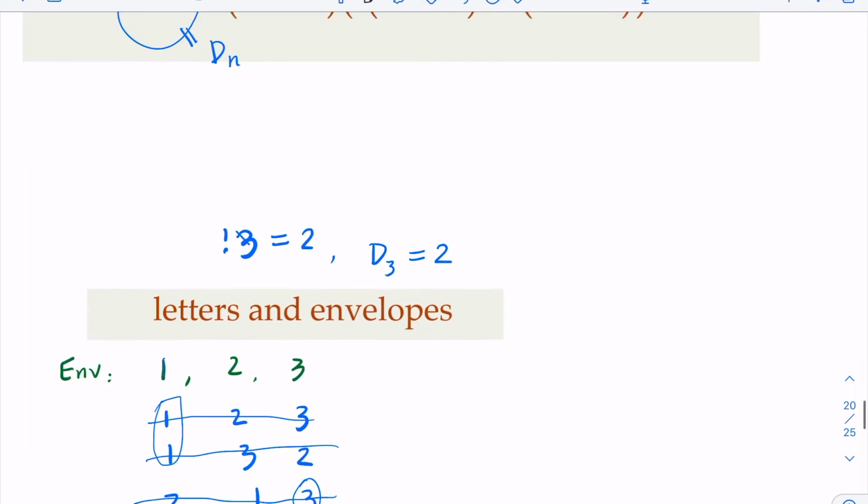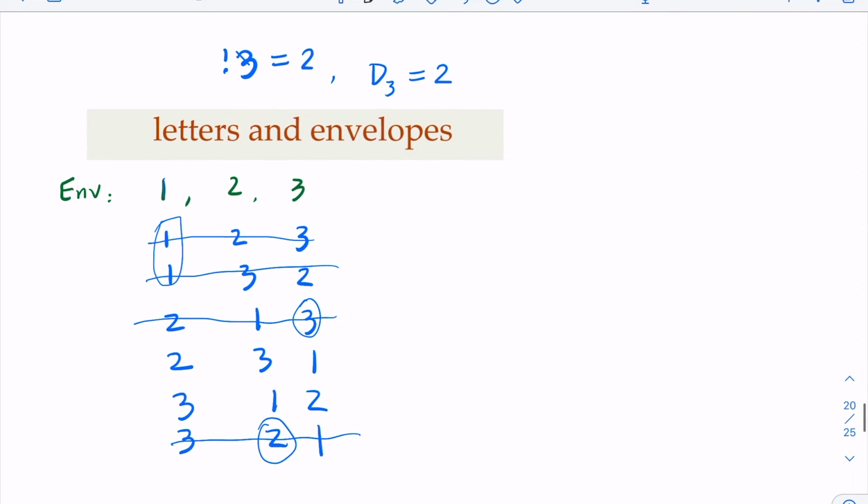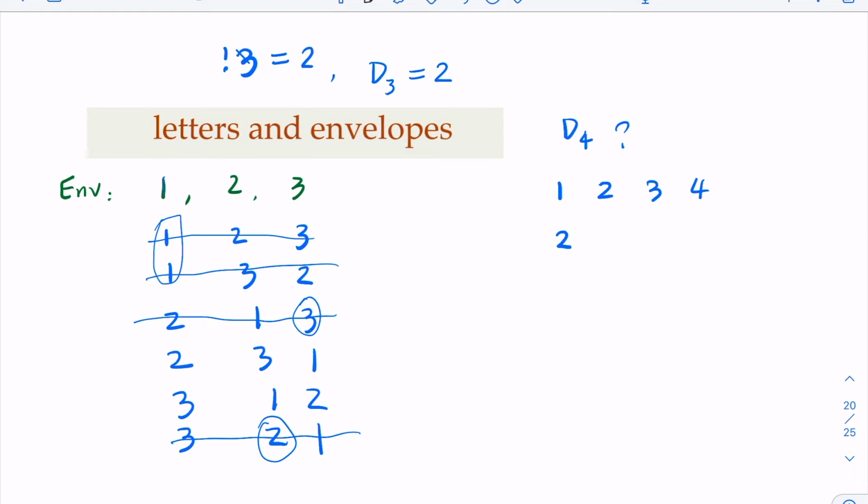Okay, so how about n equal 4? What is d4? For that, we could just enumerate, right? If the envelope original position is 1, 2, 3, 4, for the derangement in the first position, you cannot put 1, you have to put either 2 or 3 or 4.